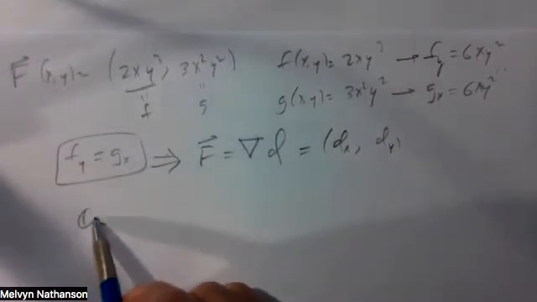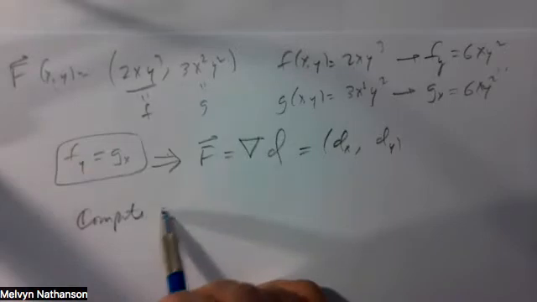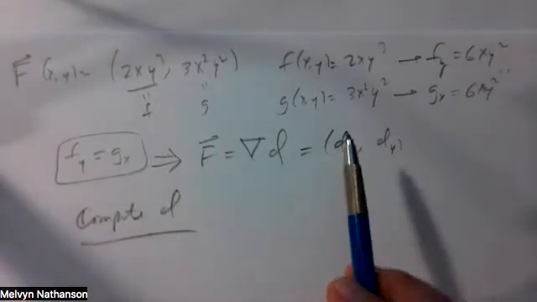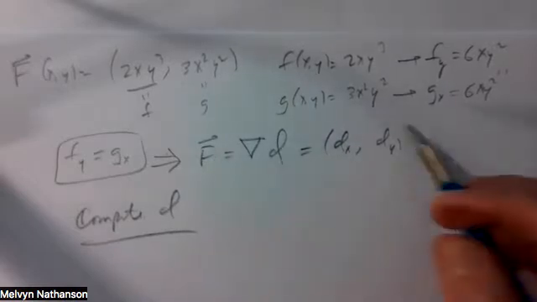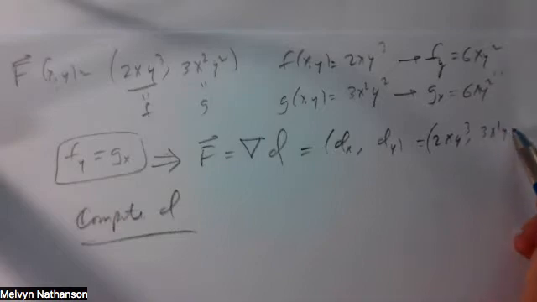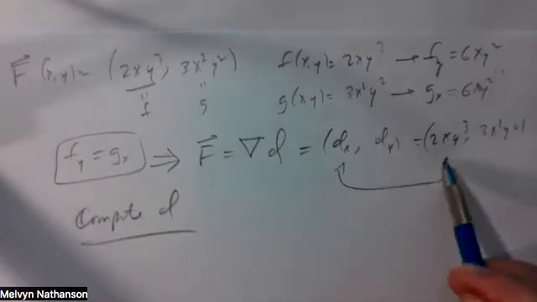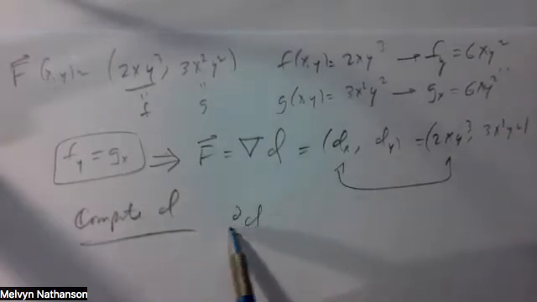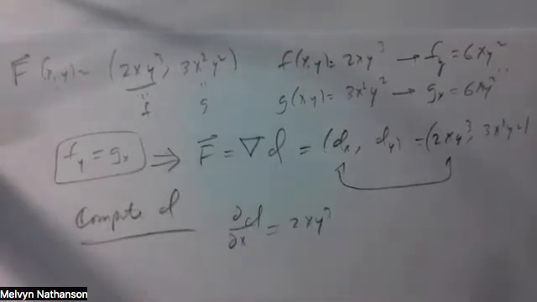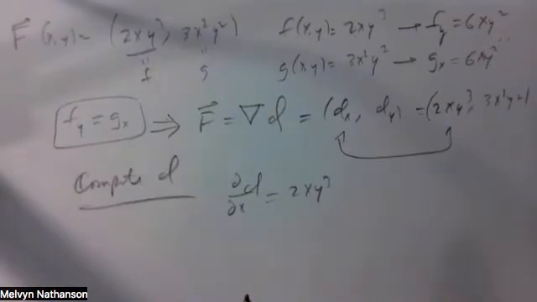And we want to compute phi. So what this says is that F is 2x y cubed, 3x squared y squared. So the partial derivative of phi with respect to x is 2x y cubed. And we want to find phi.